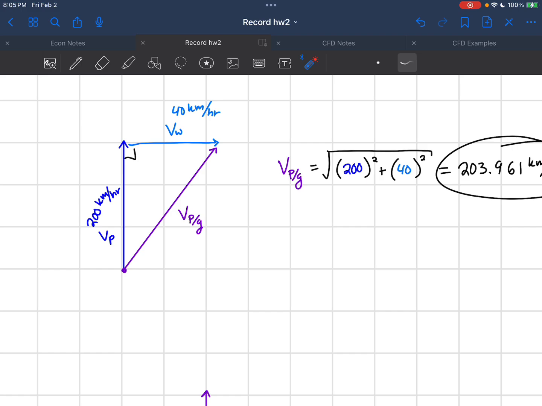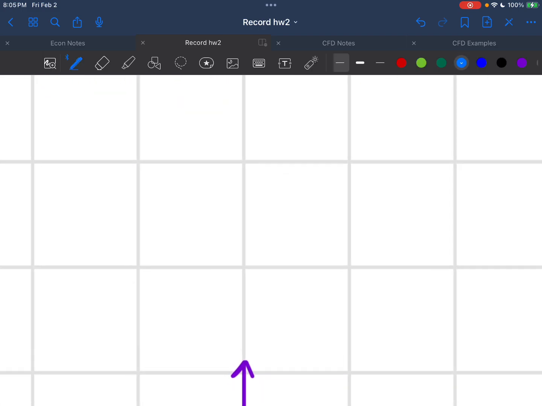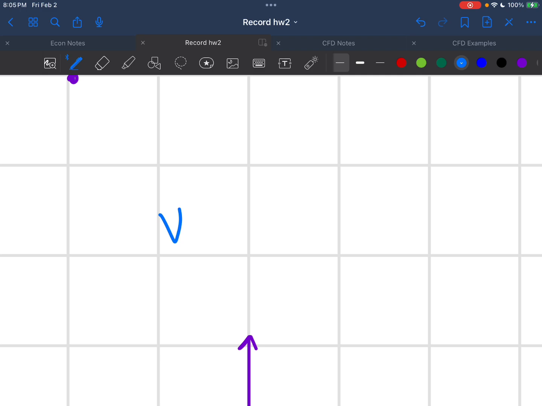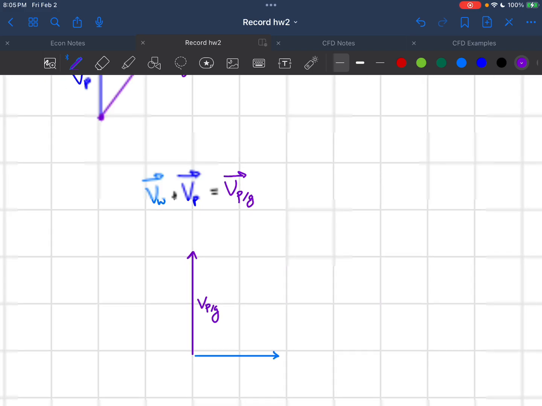But in this case, I want to do the same exact thing, but I don't know one of my vectors. So I can say v wind vector plus my v plane vector equals my velocity of the plane relative to the ground vector. Right?